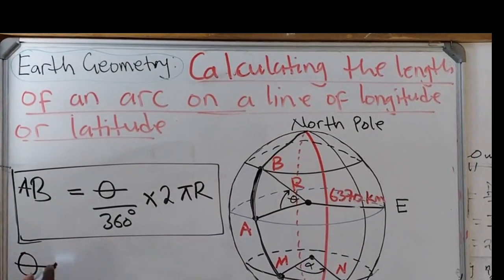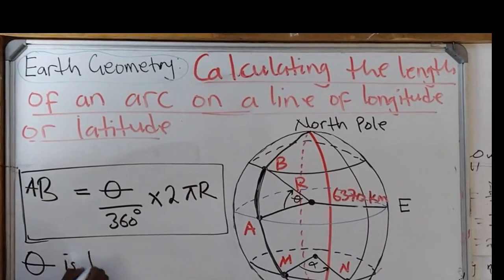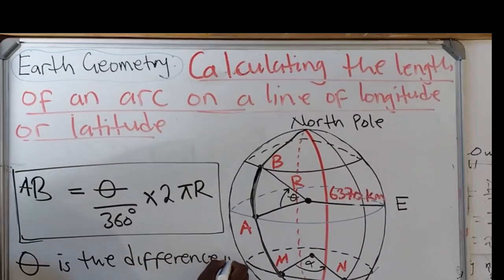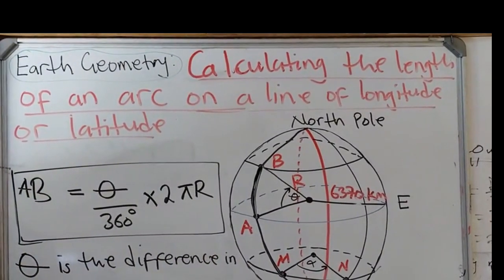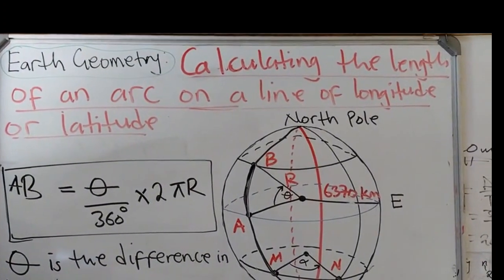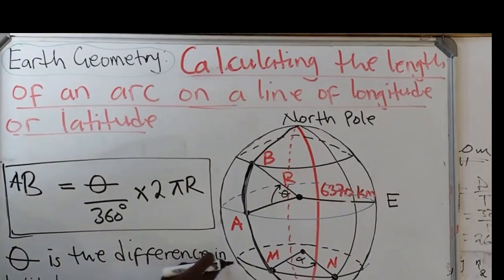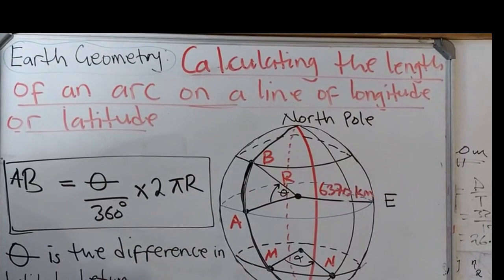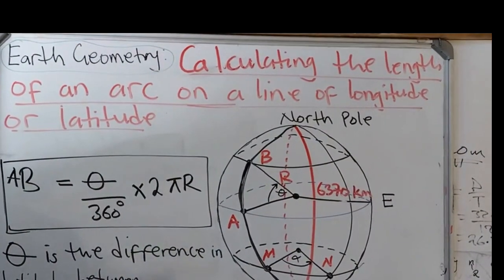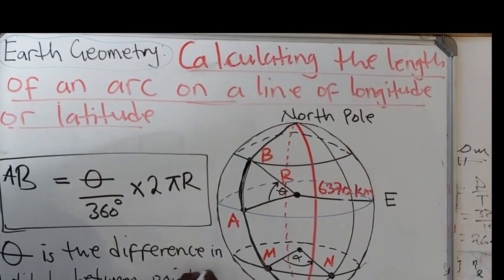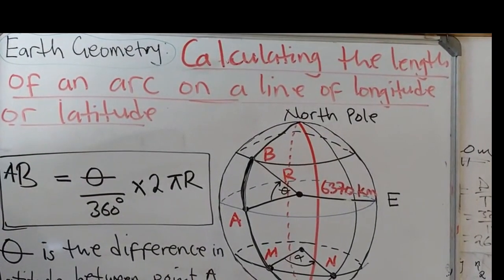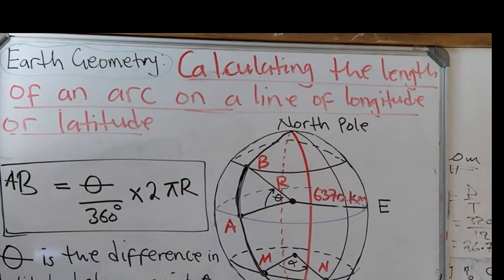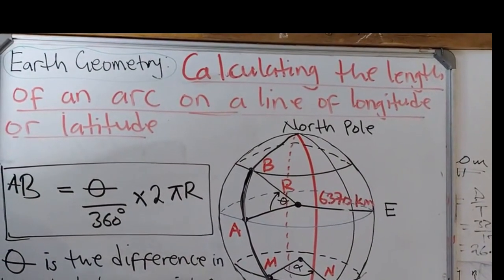Now let's see this theta. What is it? Remember what I said: theta is the difference in latitude between point A and point B, and we all know this is a great circle.